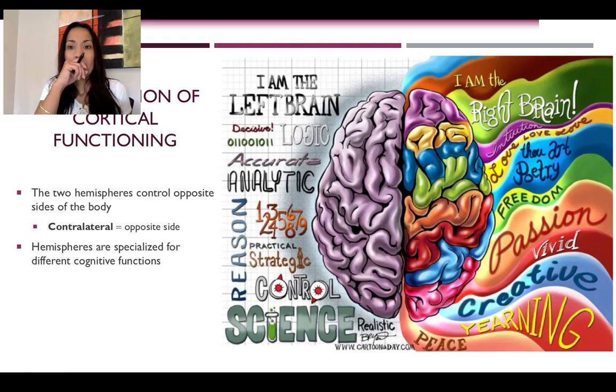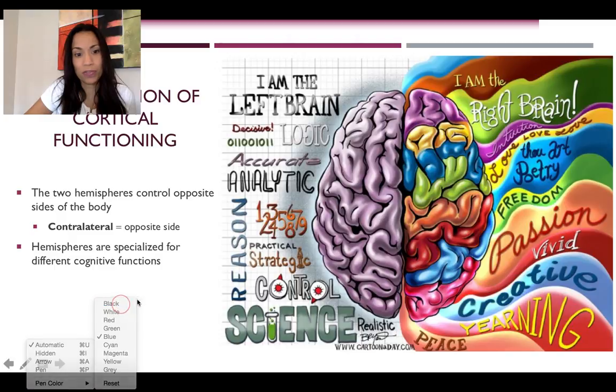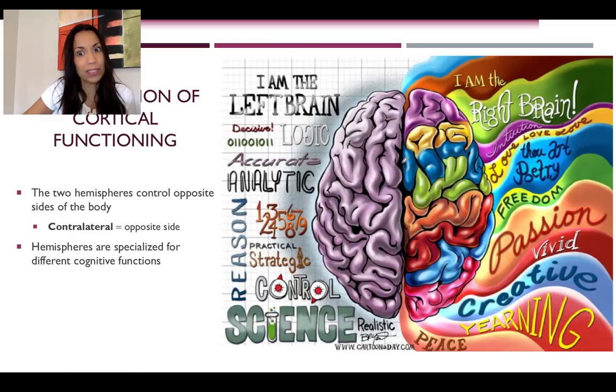Now, it's like we have two brains, right? But again, they're connected by the corpus callosum. Remember the white matter right here in the middle. And again, this is part of a physiology class, but very interesting things happen when we section or disconnect these two cerebral hemispheres.